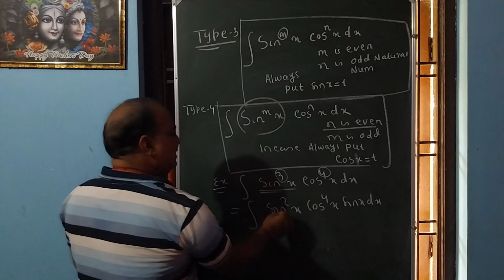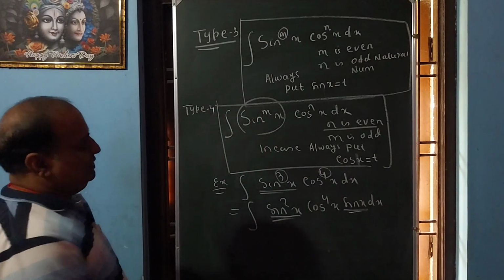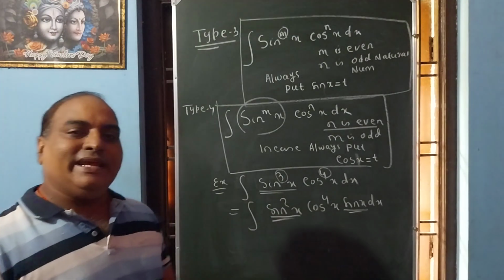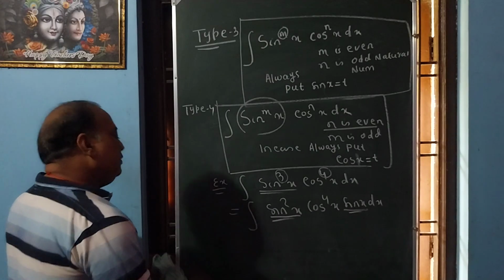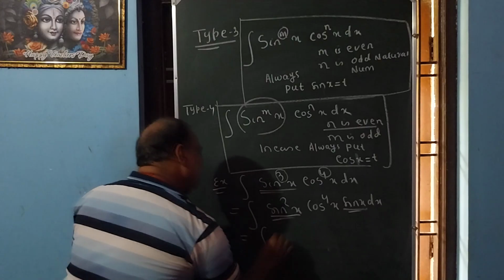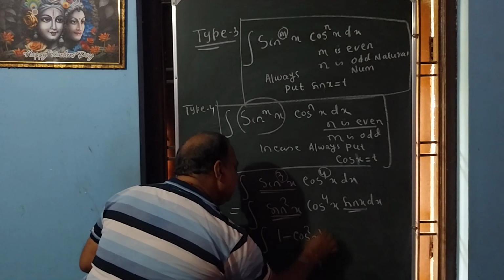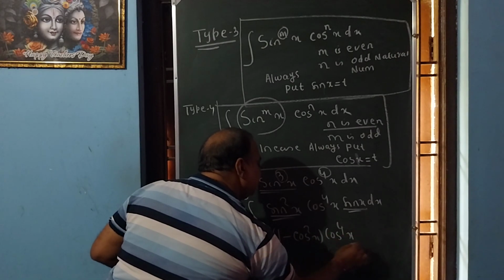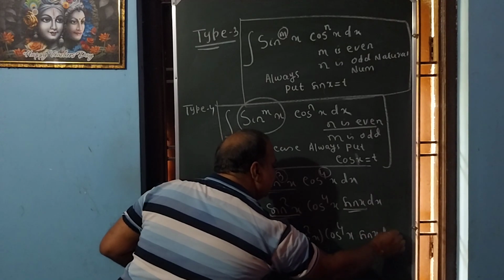Now we know that sin square x is equal to 1 minus cos square x. So in place of sin square x, write 1 minus cos square x into cos to the power 4 x into sin x dx.